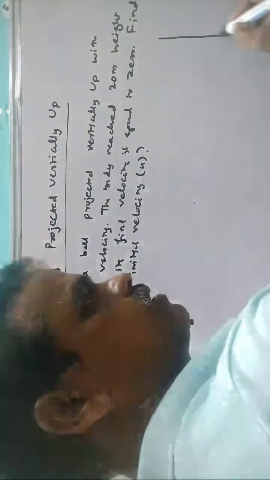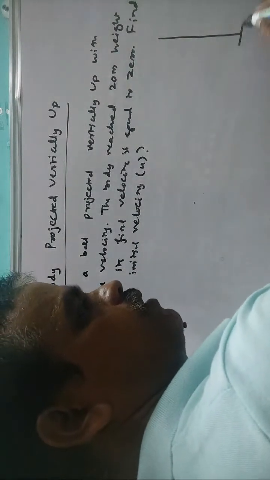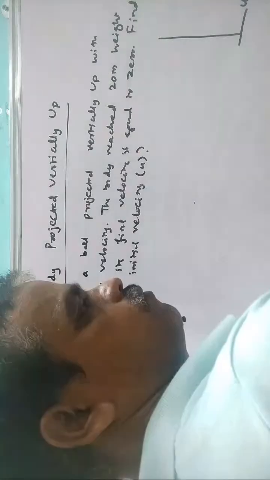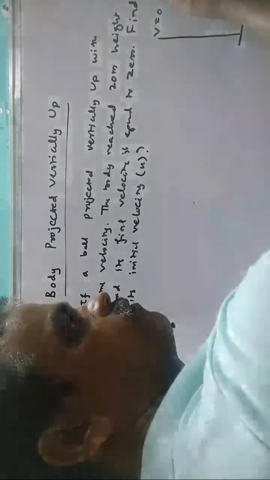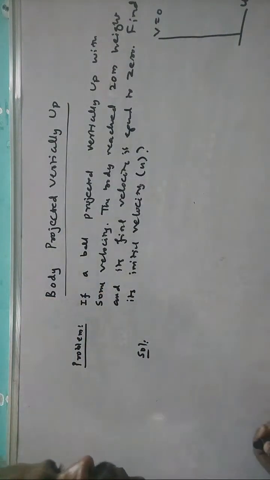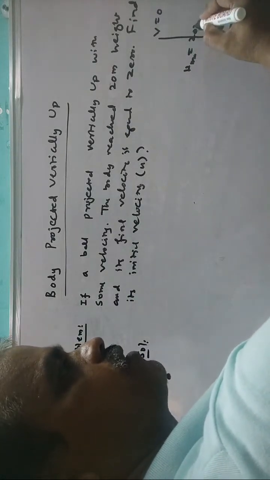So this is the case. Here we projected with some velocity u, final velocity is equal to 0. For a vertically projected body, a equal to minus g. We have to find this. H max we have, that is 20 meter. So just calculate u.